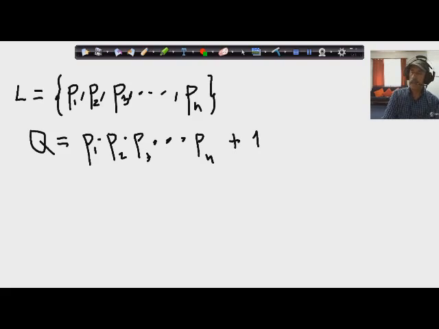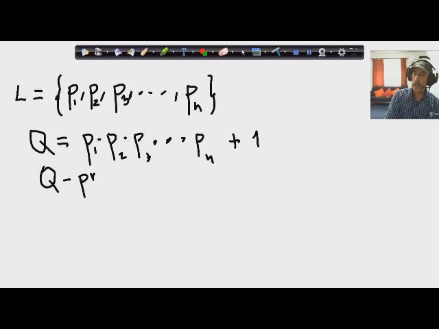Well, this is a big number, obviously bigger than any of the p's, and he says Q is a positive integer, and every positive integer is either a prime or a composite number. Let's suppose Q is a prime number.